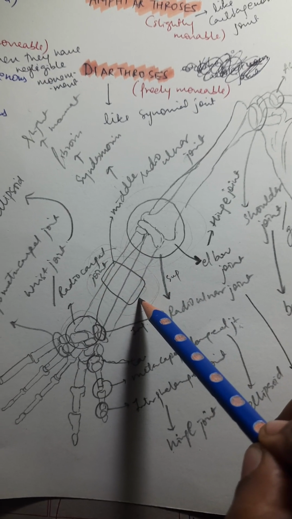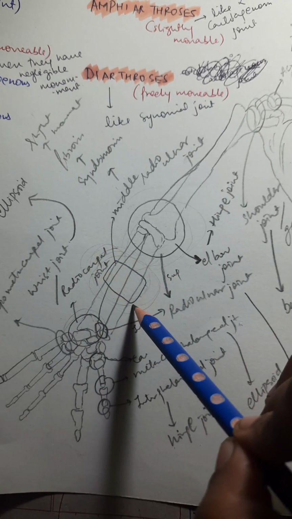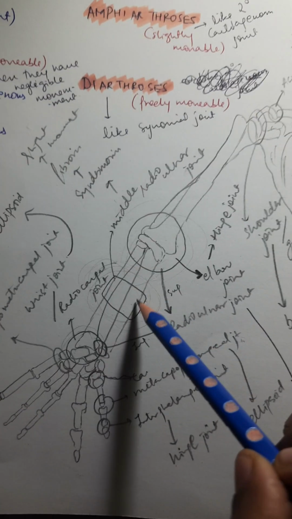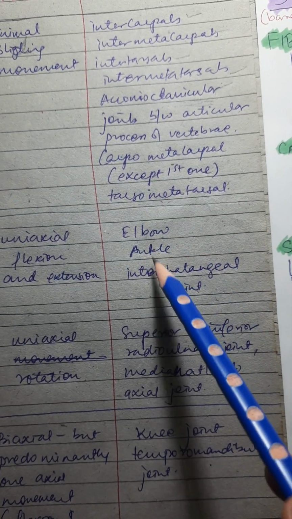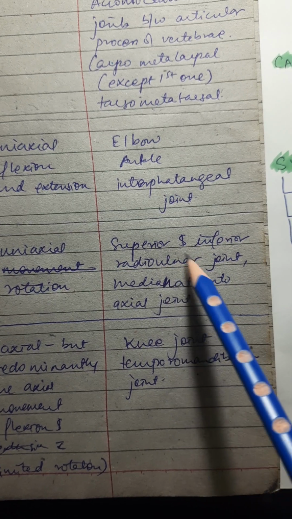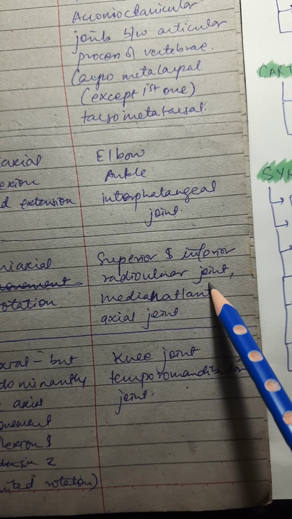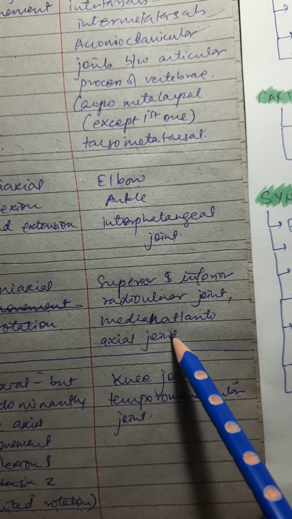It is a fibrous joint. I have already posted one video on this. So elbow, ankle, over here, superior and inferior radio-ulnar joint, medial atlantoaxial joint. These are the three examples.